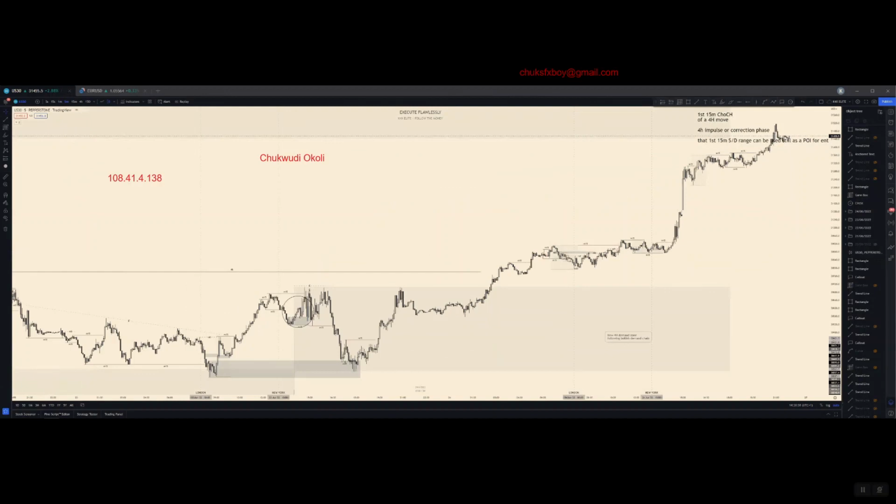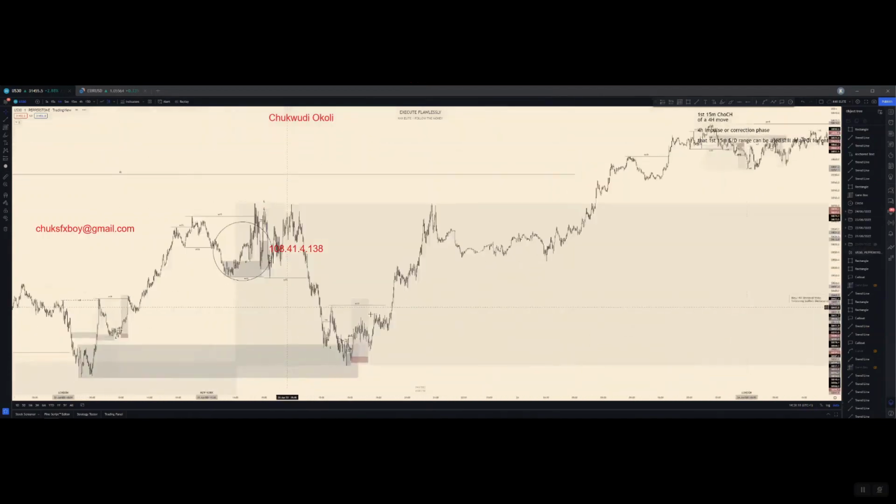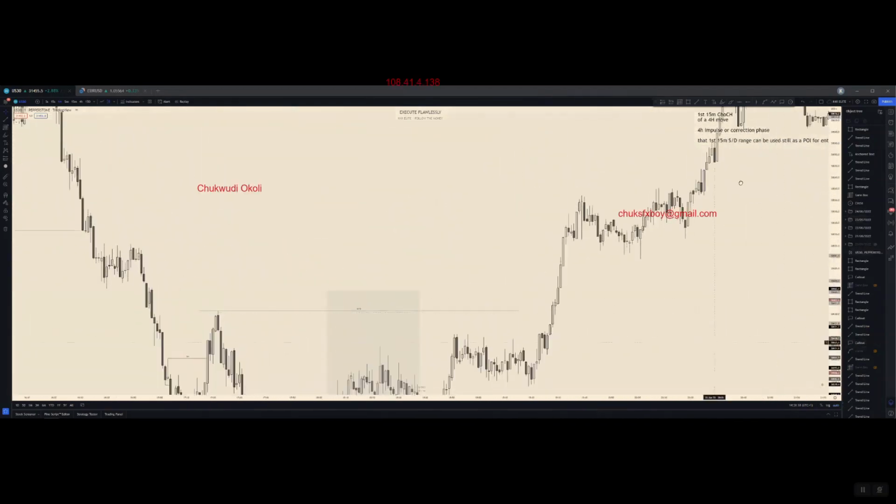So what's that say? Can we still take a trade on the break of the 1 minute chuck if it's small enough? Yeah, if the 1 minute is like a double confirmation entry, then yeah. It's so rare that you're going to see a 1 minute chuck and a 15-minute POI be that small enough to take it off the chuck.